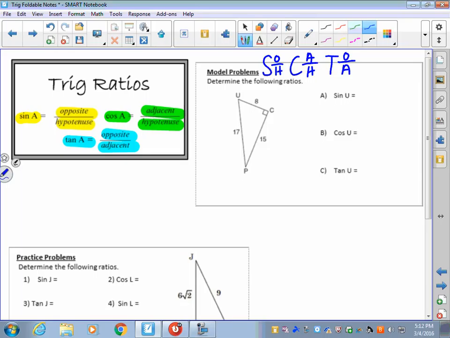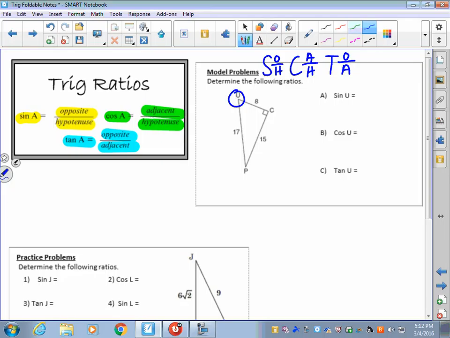On this first part, we're just going to write the ratio in correlation to the angle that they give us. So on number one, it said sine of U. Always circle your reference angle. We're using U for all of these trig ratios.